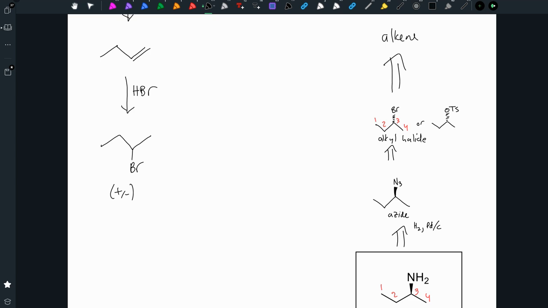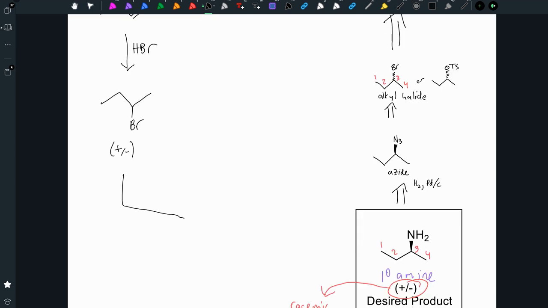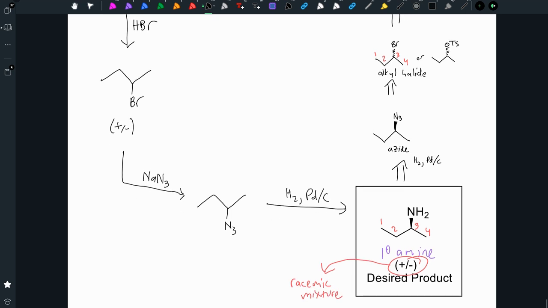I'm going to then react that alkyl halide with sodium azide. And then I'm going to use H2 and palladium to make that primary amine as my product.